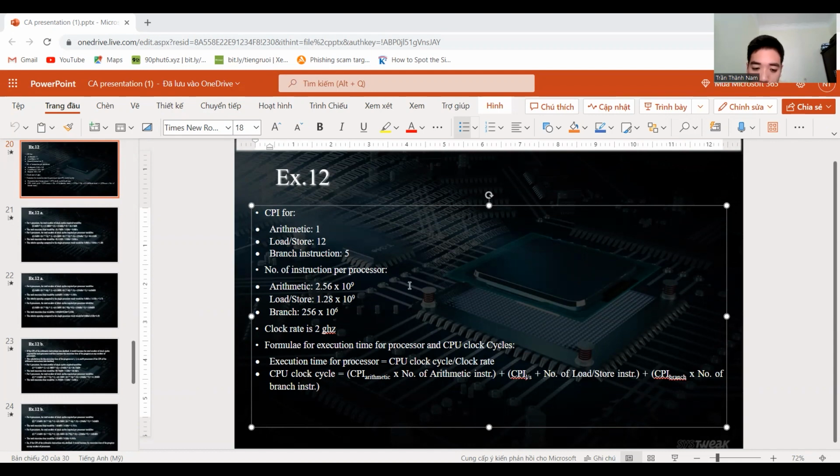So we use the formula for execution time, which is CPU clock cycles over clock rate, and the formula for CPU clock cycles, which equals the total of the CPU clock cycles of arithmetic, load and store, and branch.